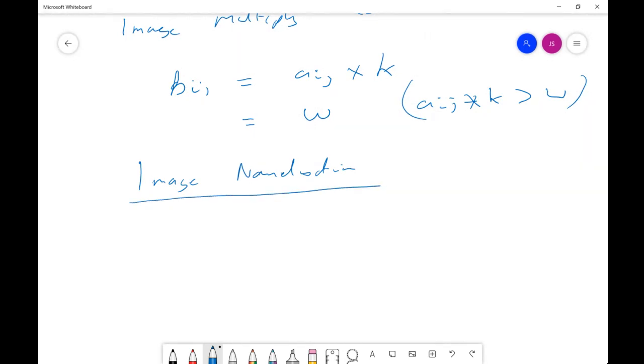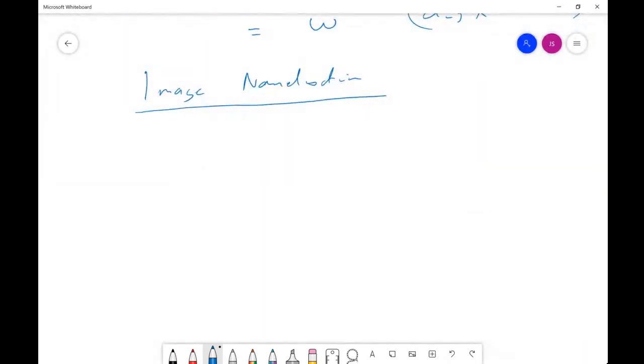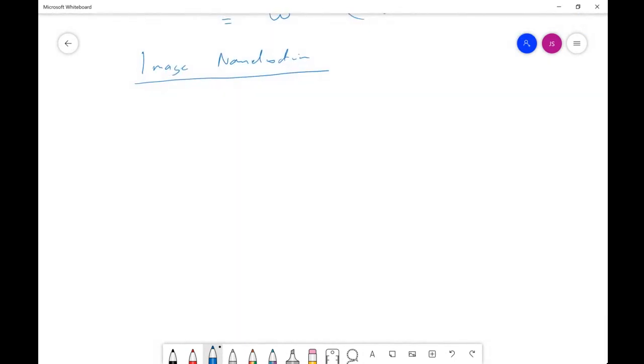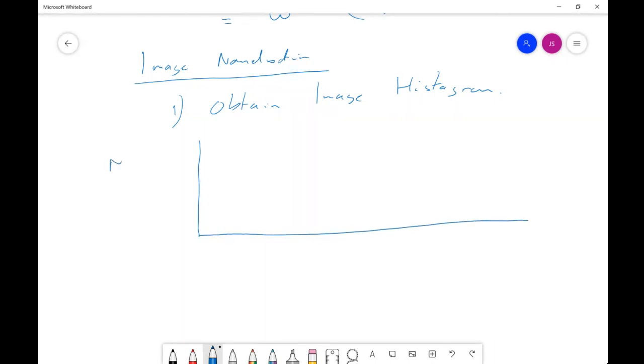And the image normalization, let's take you through this. It's occurred in the past, so it could be an interesting topic for examinations. Right. Step 1. Obtain the image histogram, which is a histogram of the number of pixels and the intensity.